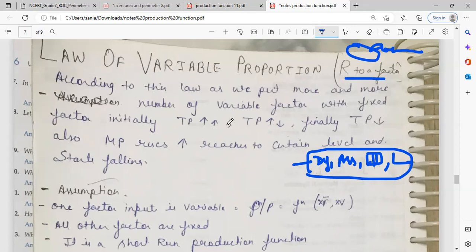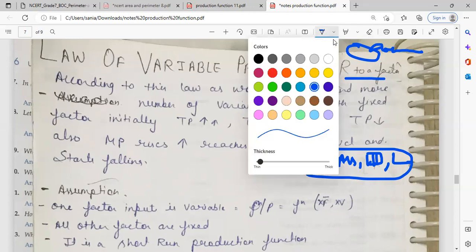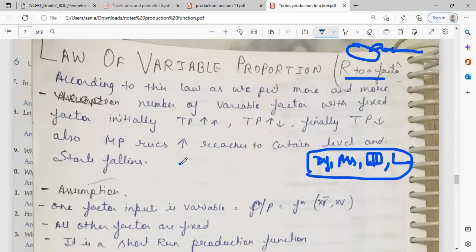Now ma'am, what is increasing rate and diminishing rate? For example, 10, 20, 30, 40. Okay, let's not take this example; let's take some other example. For example, it is 2, then 4, then 8, then 16.